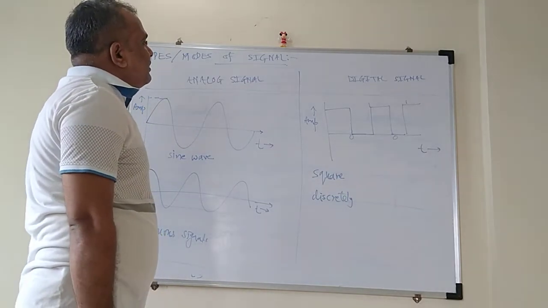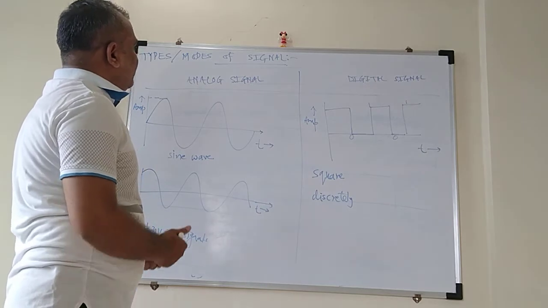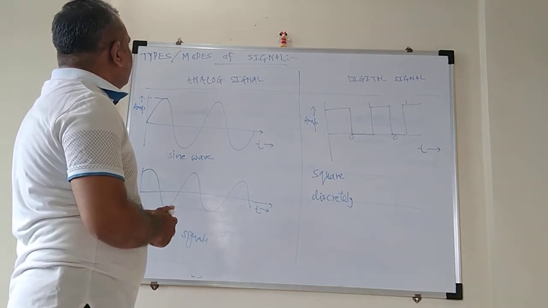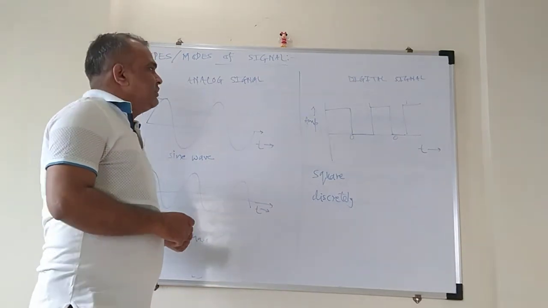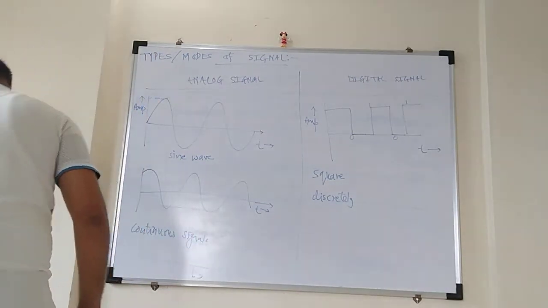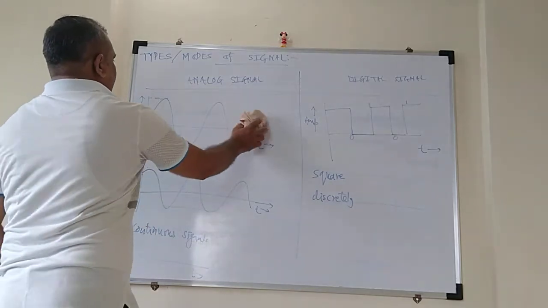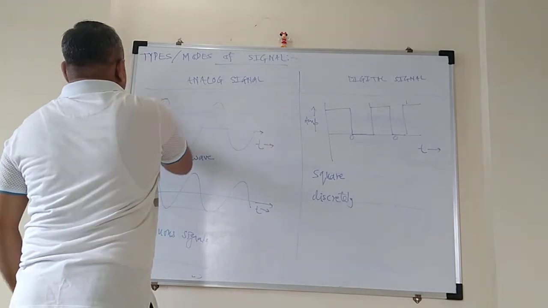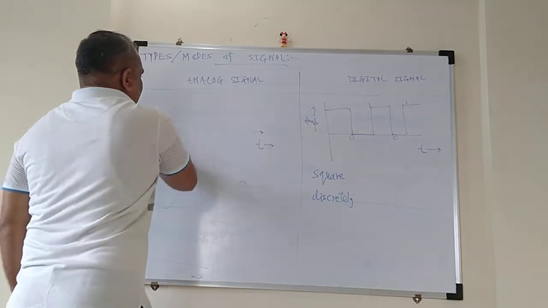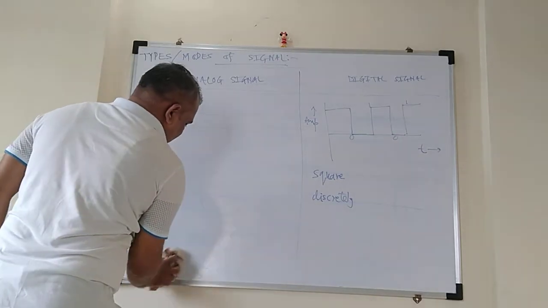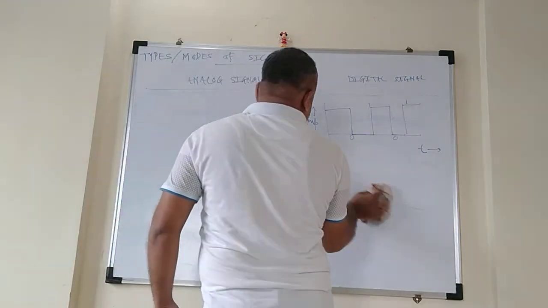Fine. Now let us go into more details. There are some more kinds of signals, and to measure this kind of signal you need some sensing device.